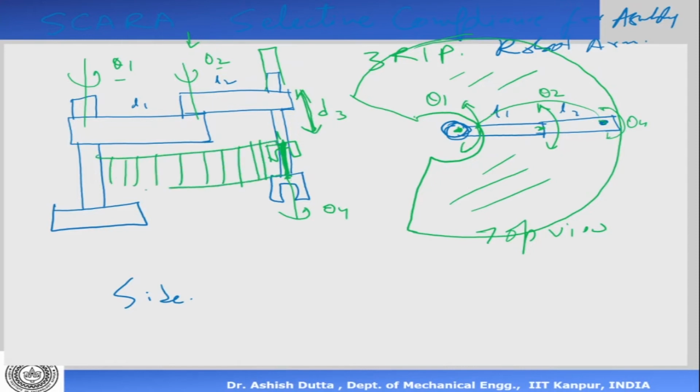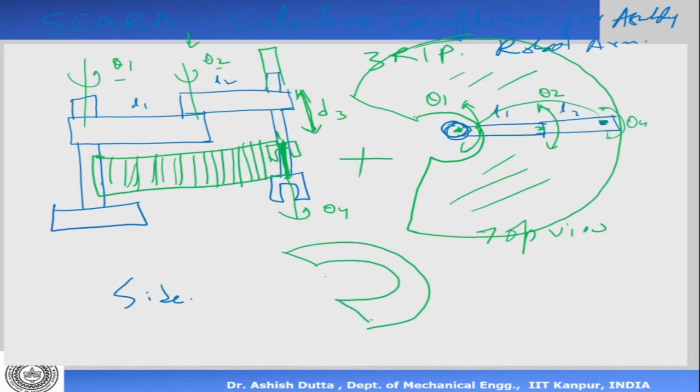What you get in area is a rectangle, because when you move theta 1 and theta 2, this straight line can go to different positions like this. Now if I combine this plus that, we'll again get a cylindrical kind of shape, a hollow cylinder.